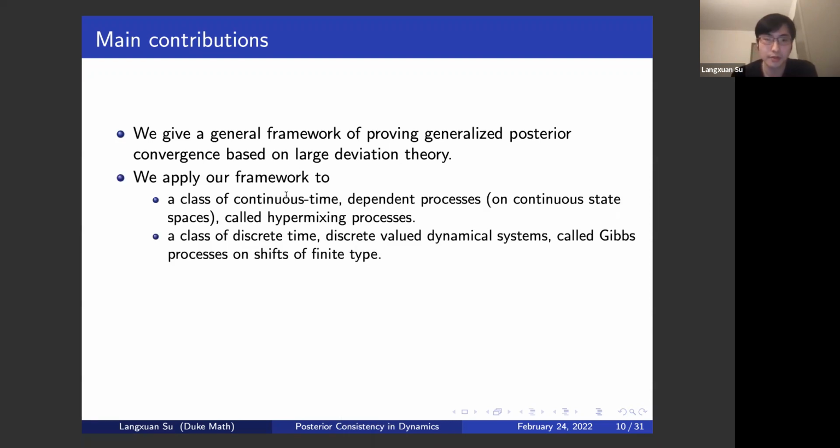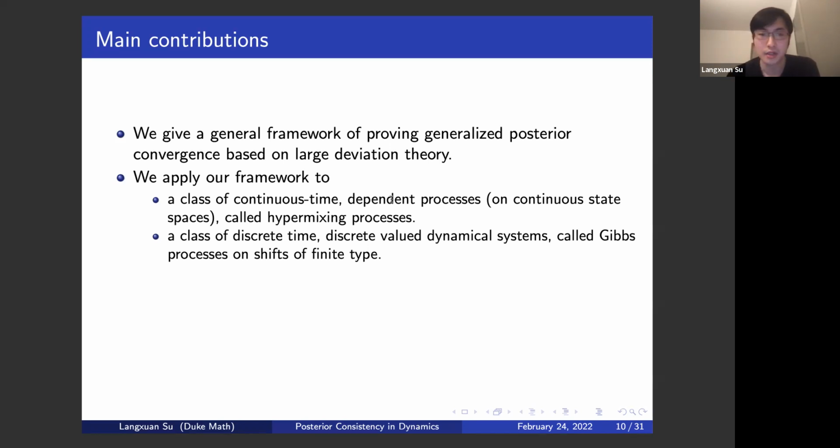And we apply this framework to a class of continuous-time dependent processes on continuous state spaces called hypermixing processes. In the existing work on posterior consistency, people usually assume one of the following: discrete time, or processes of simple dependency structure, such as IID processes or Markov chains, or Gaussian processes, which is a very specific structure.